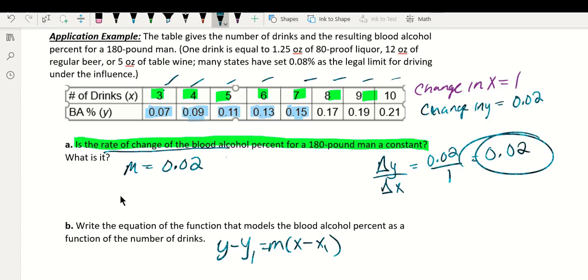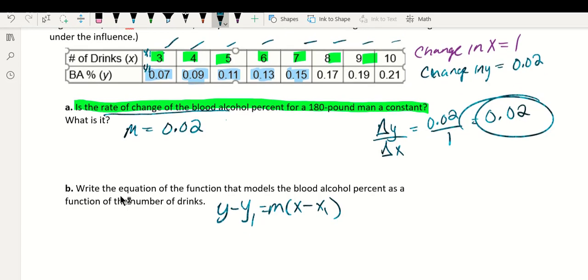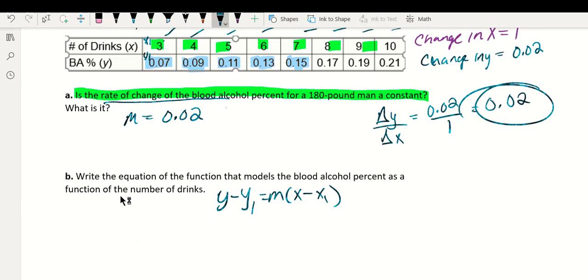I'm just going to go by the first point. This is your x1, this is your y1, and my slope is 0.02. So we have y minus 0.07 equals 0.02 times x minus 3. I'm using these points right here to plug in.